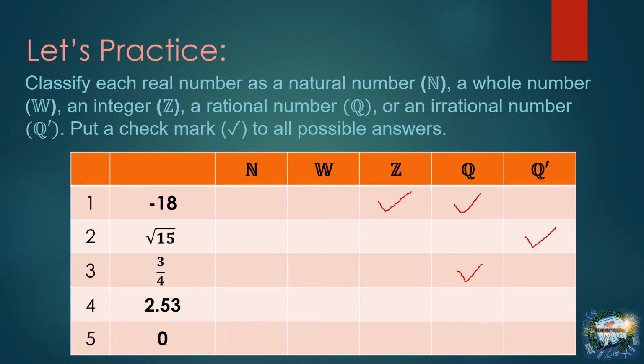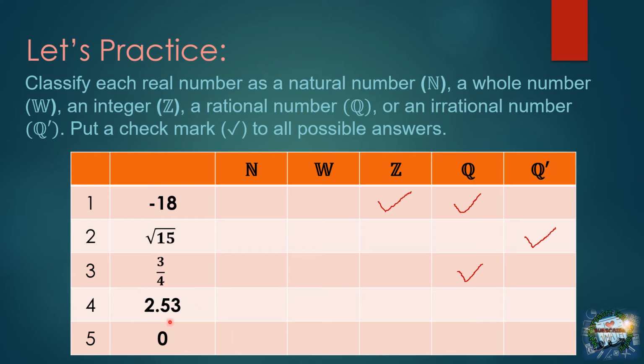This time let's have 2.53. Is it a natural number? No. A whole number? Again, no. An integer? No, it's not an integer.